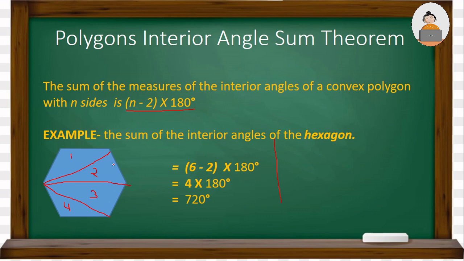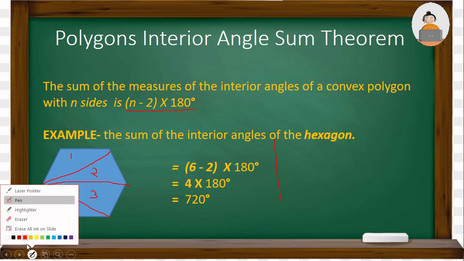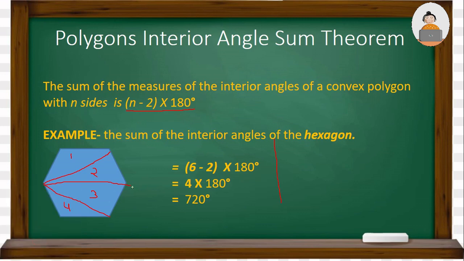For each triangle the sum of the interior angles will be 180 degree, and we have in general 4 triangles, so the sum will be 4 into 180 degree, which will give us 720 degree, the sum of the interior angles of the hexagon.